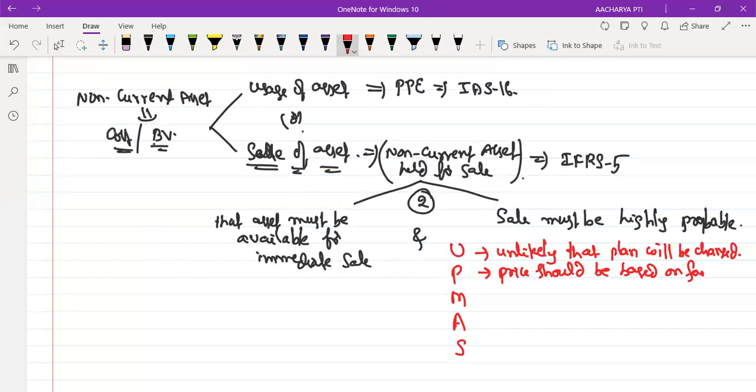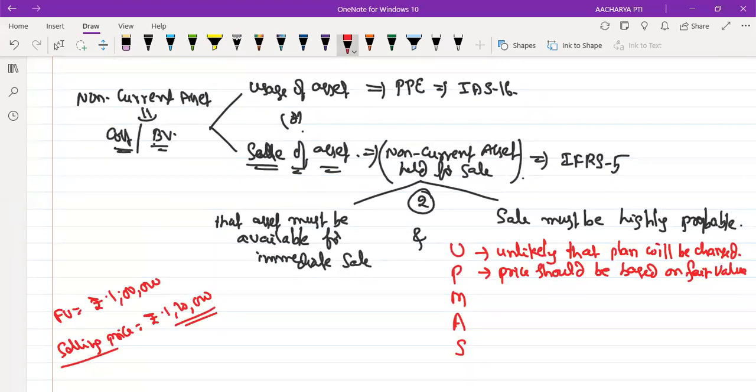For example, if the fair value of the asset is around 1 lakh, but the management fixes the selling price at 1 lakh 20,000, then no person will purchase that asset.